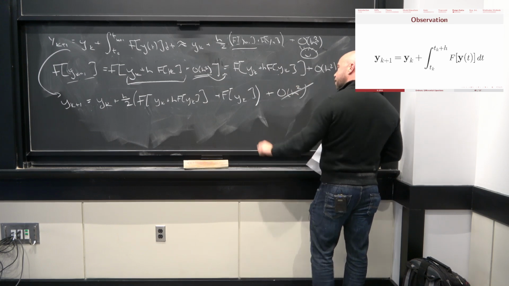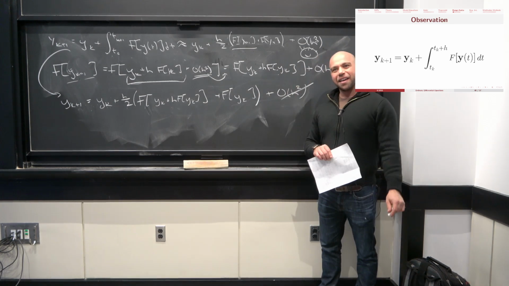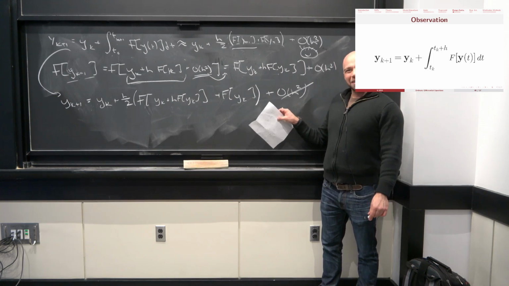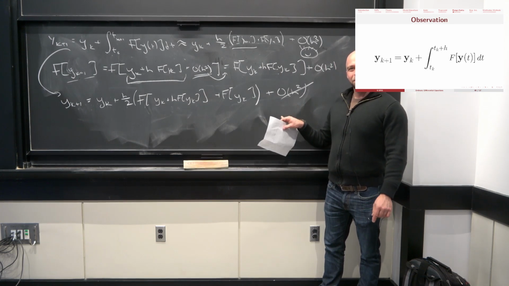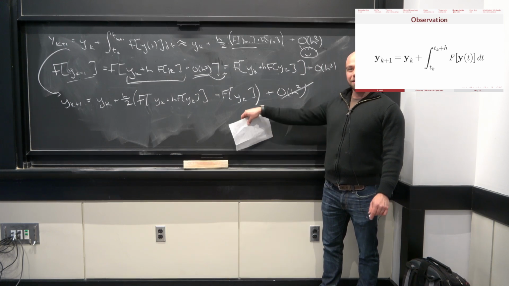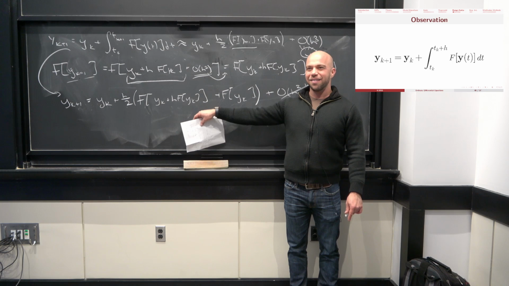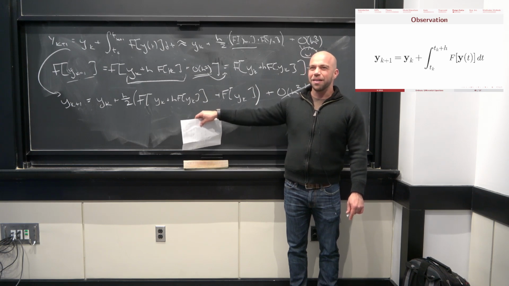And notice if I slice this out, I get a locally cubic, globally quadratic accurate integrator. And now it's completely explicit. On the right-hand side here, I don't have any yk plus 1s. Isn't that cool? This is a sneaky trick.